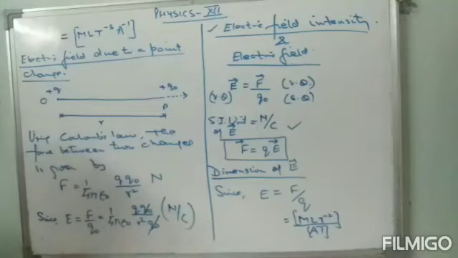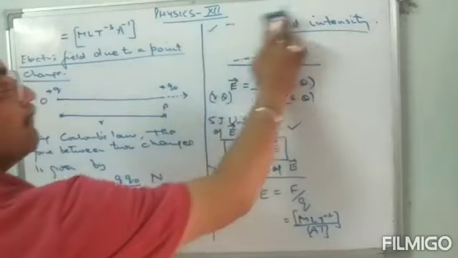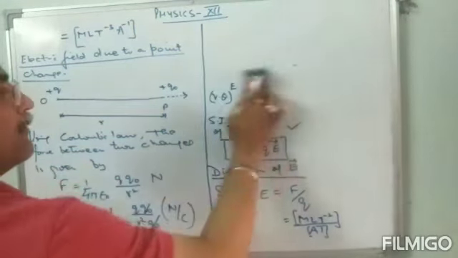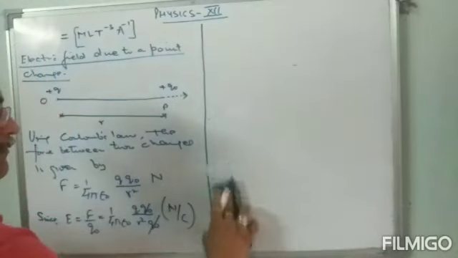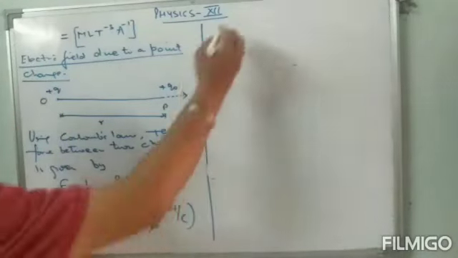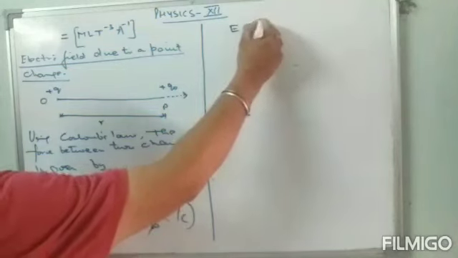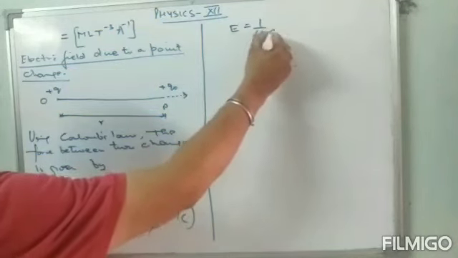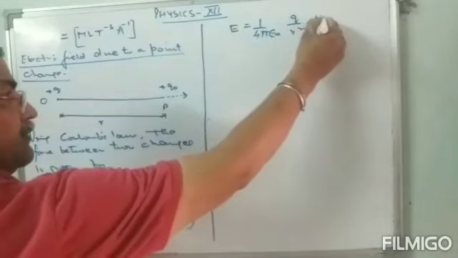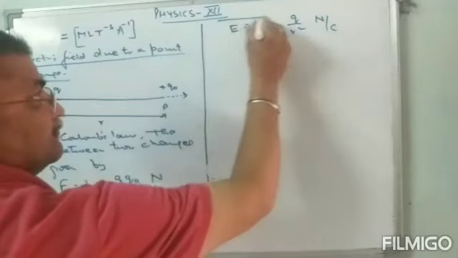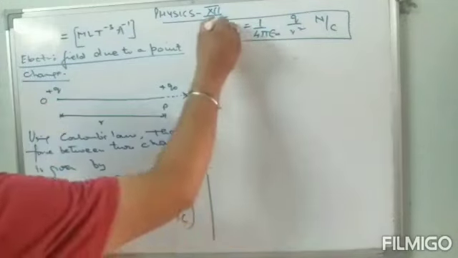You're left with E is equal to 1 upon 4 pi epsilon naught, Q upon R square Newton per Coulomb. This is the formula you're left with.